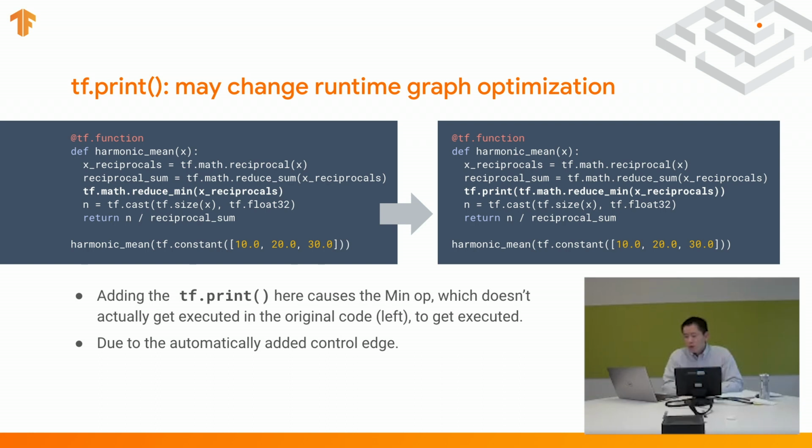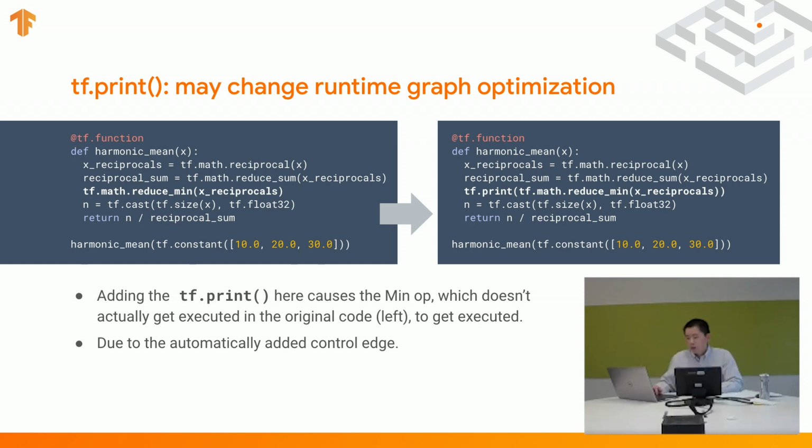When you use tf.print, you need to be aware that it may inadvertently change how graph optimization works at runtime. In the code snippet on the left here, we're computing the harmonic mean of a tensor. However, there's a line in the code which constructs an op, but the output tensor of that op, which is the mean op, is not used in any downstream computation.